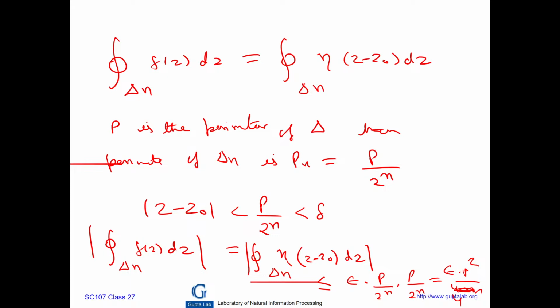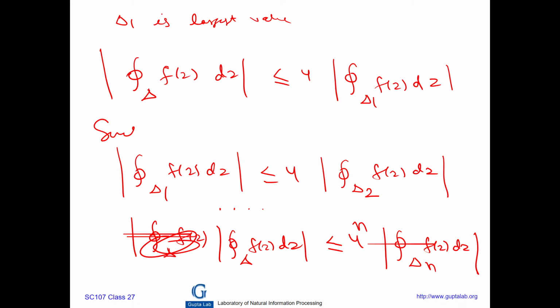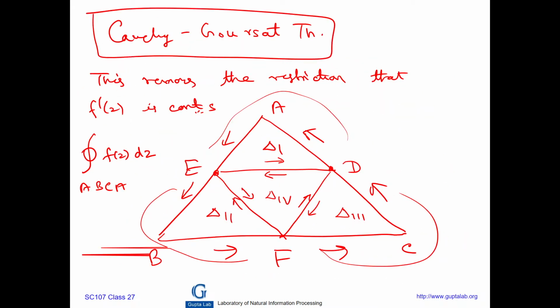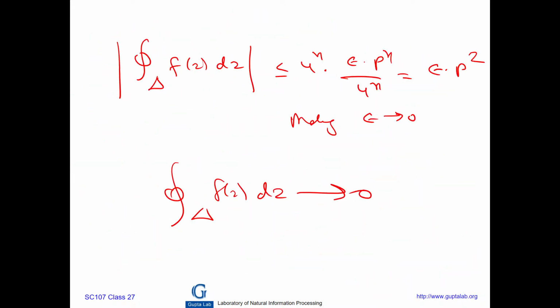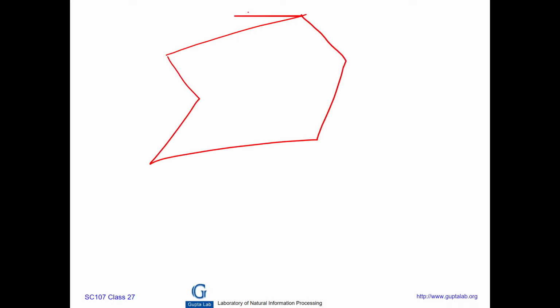Now as soon as you establish it for triangles, you can actually do it for any other region. Suppose there is a closed polygon, something like this, A, B, C, D, E, F, a closed polygon.